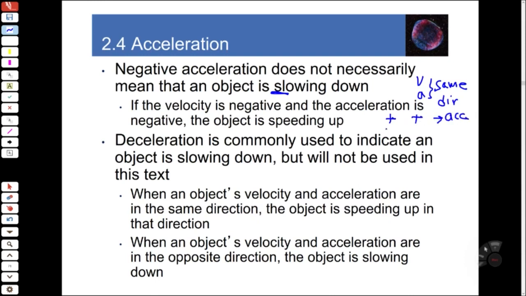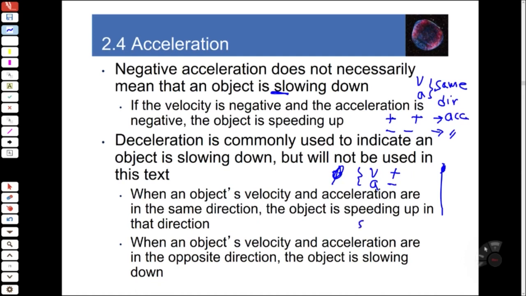But if the velocity is positive and the acceleration is negative, it means the velocity begins to decrease. The negative acceleration slows it down.